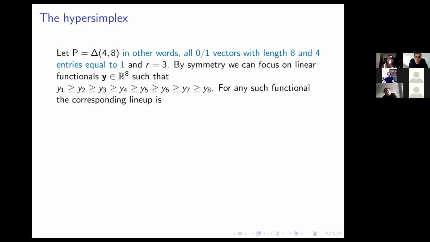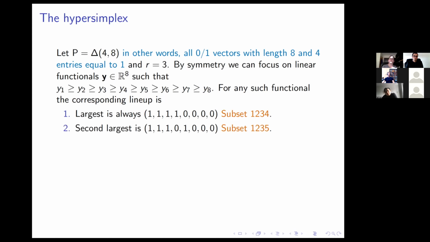So if I have the entries of the linear functional decreasing, and I do the inner product versus all of these points, the largest one will always be 1,1,1,1,0,0,0,0. And instead of saying the vector, we can simply say the one corresponding to the subset 1,2,3,4. The second largest one, no matter what, is going to be 1,1,1,0,1,0,0,0. And the subset is 1,2,3,5.